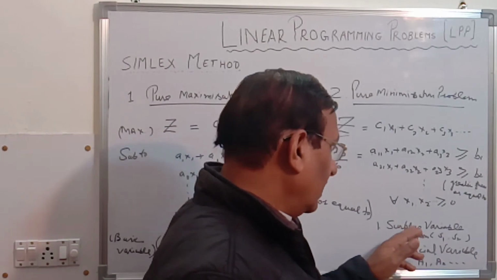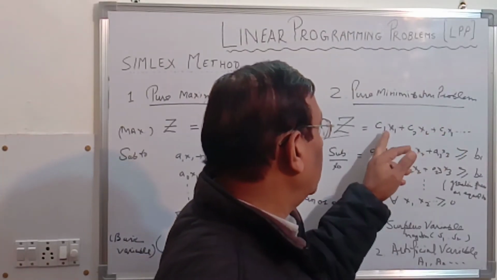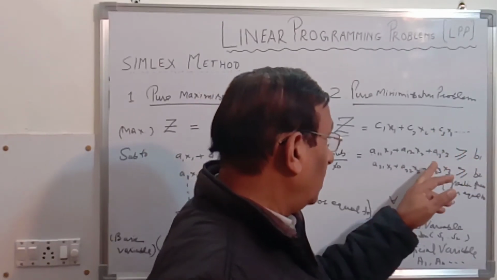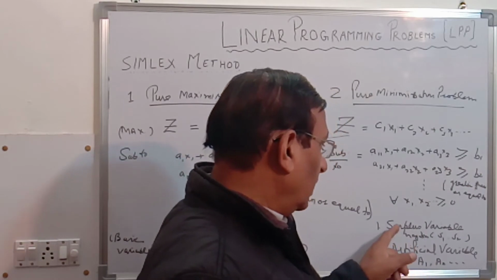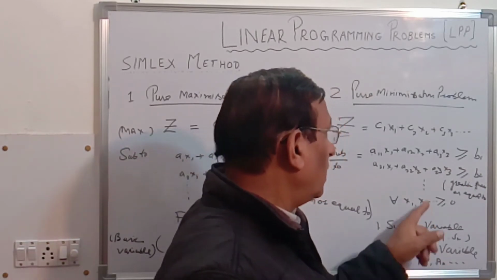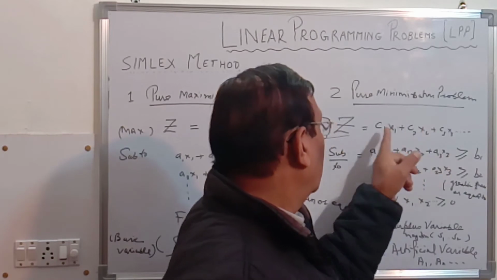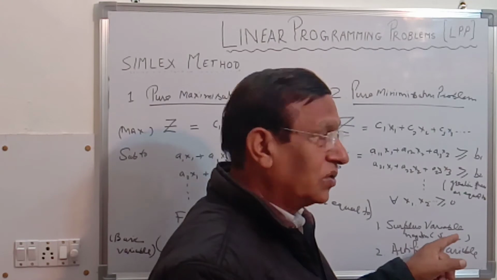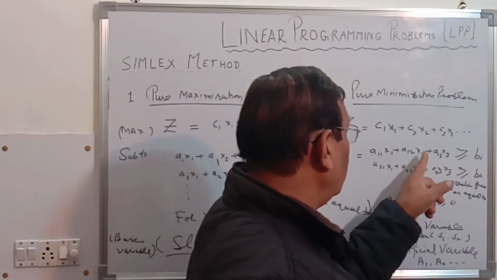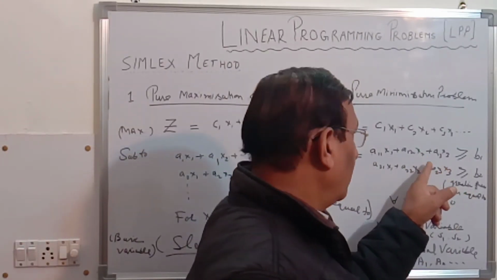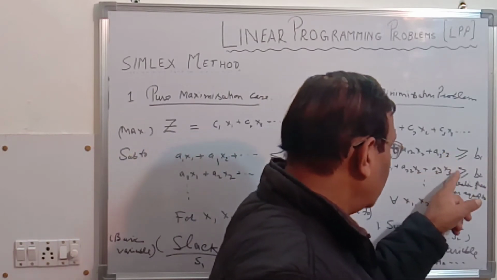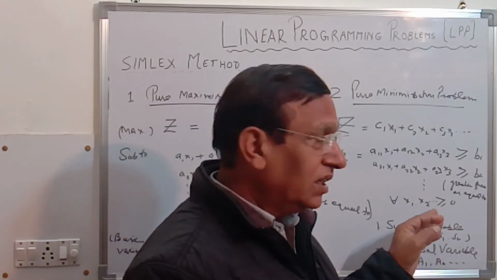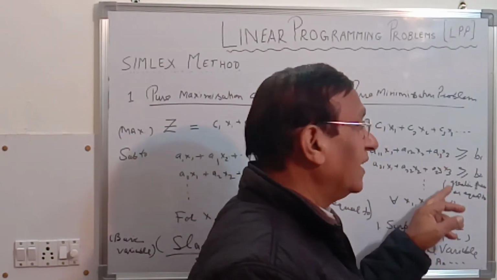These are added with 0 coefficient in the objective function. Please remember, if the equation is greater than or equal to type, then surplus variables are added into the objective function with 0 coefficient, say 0 S1, 0 S2, and subtracted into the equations, minus S1, minus S2, S1 in the first equation, S2 in the second equation, and these are subtracted.